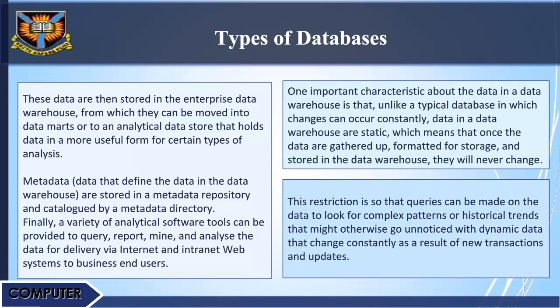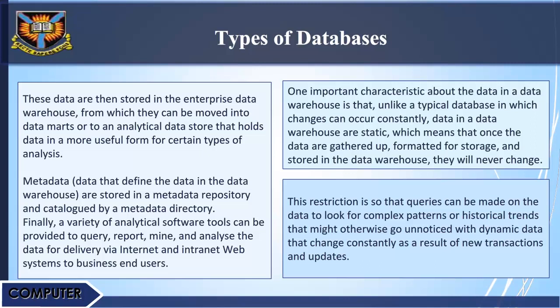These data are then stored in the enterprise data warehouse, from which they can be moved into a data mart or to an analytical data store that holds data in a more useful form for certain types of analysis.